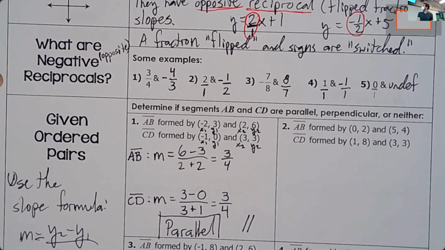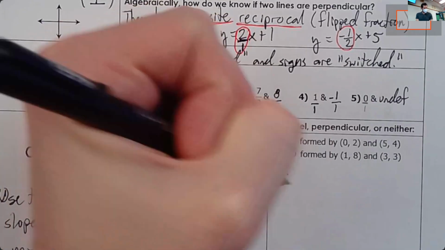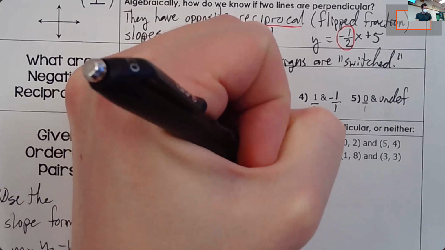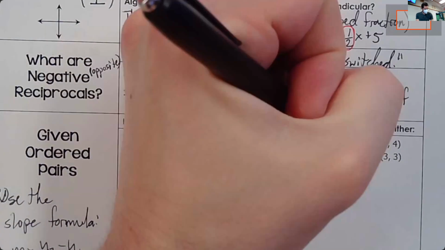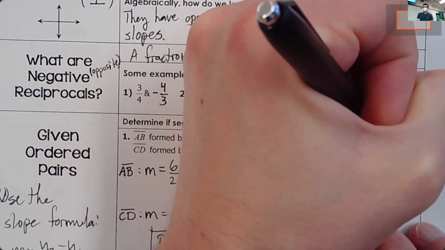All right. Number 2, let's look at that one. Let's figure out the slope of AB. So we've got AB, our slope. Here we go, x1, y1, x2, y2.